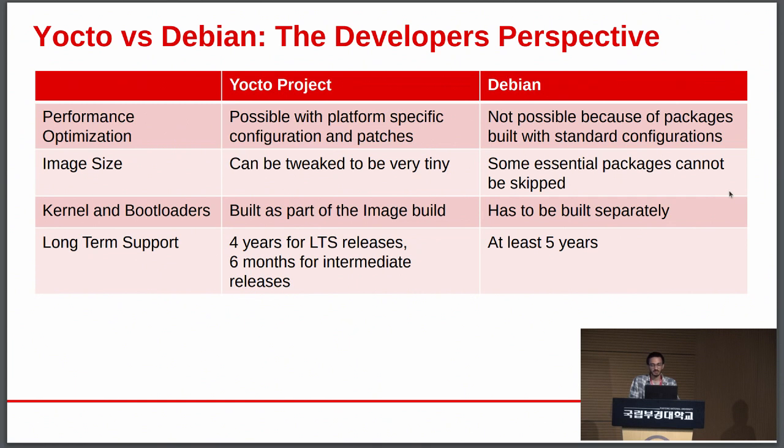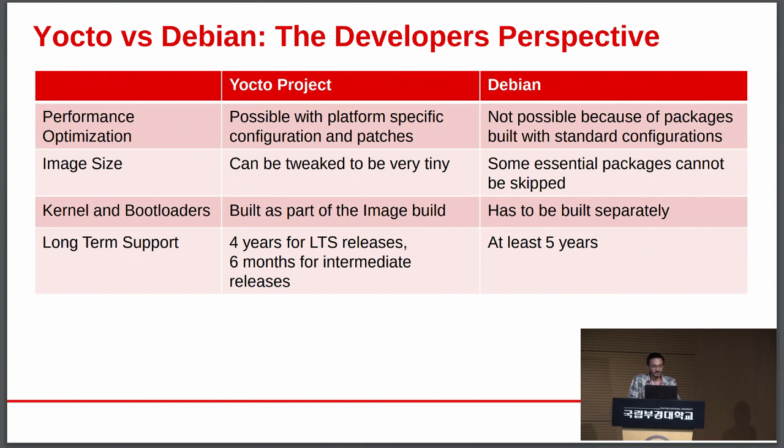But for others like Armbian and BeagleBone image builder, the kernel is built separately, outside of the image, and U-Boot is anyway required to be built outside the image.